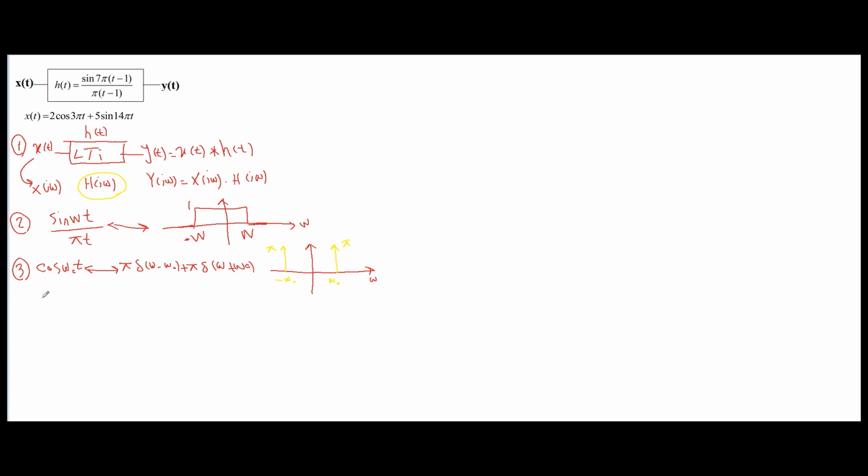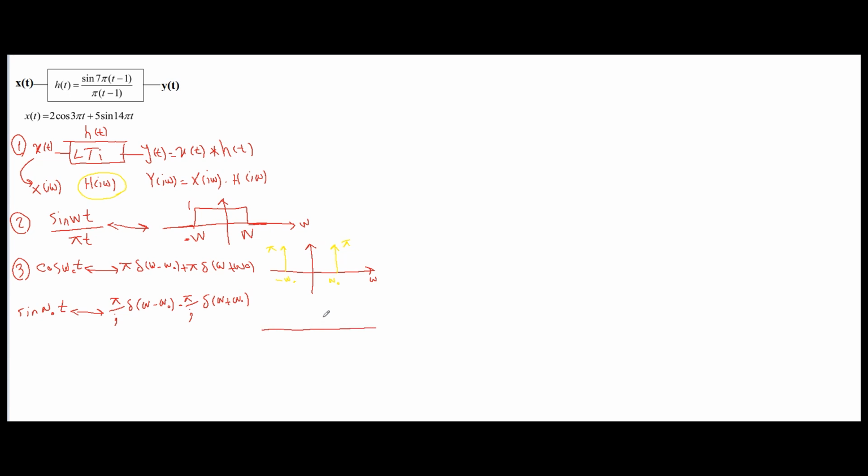Similarly, the Fourier transform of sine of omega 0 t is equal to pi divided by j times delta of omega minus omega 0 minus pi divided by j times delta of omega plus omega 0.